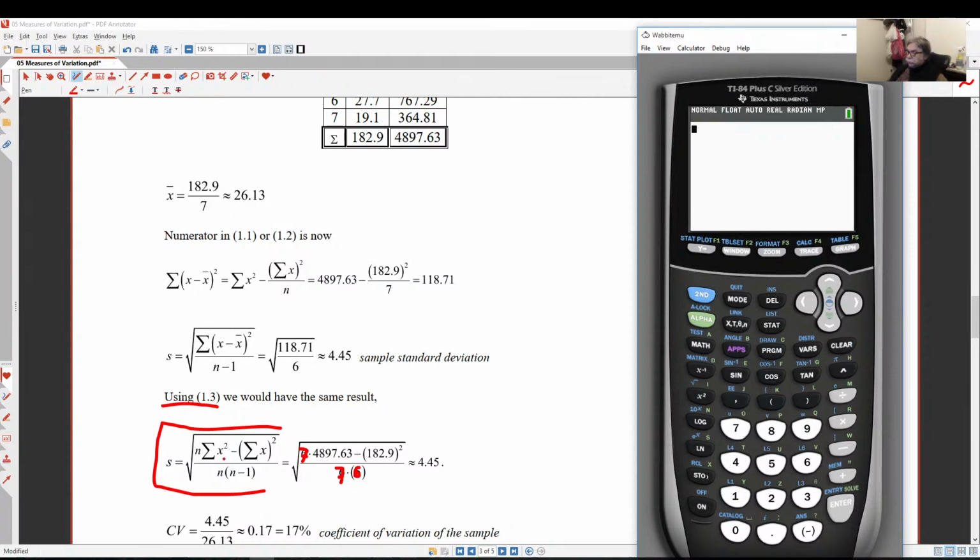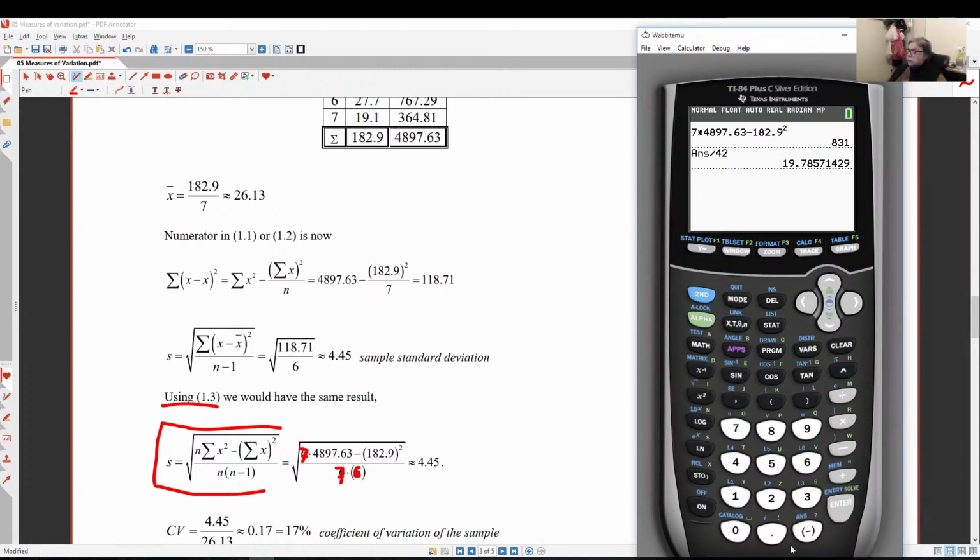So we have 7 times 4,897.63 minus, so this is just the numerator, 182.9, which needs to be squared, and I get the numerator of 831. Interesting. I didn't get any decimal. That's amazing. Now that is divided with 42. Down there is very easy. I don't need a calculator for that, right? It's 7 times 6. That's divided with 42.